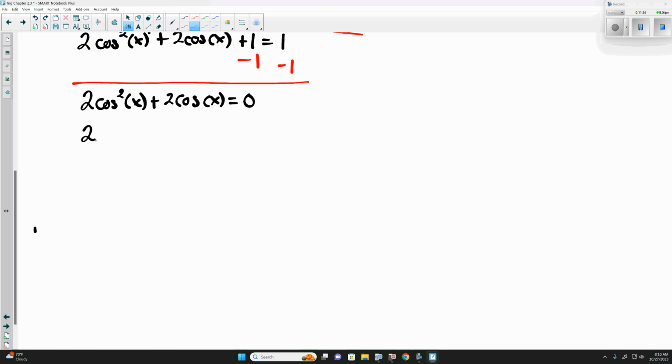Is there anything else? Yeah, cosine. 2 cosine of x is in common with both, because if we take 2 cosine of x out of 2 cosine squared, we just have cosine of x, plus 2 cosine factored out of 2 cosine would be 1.